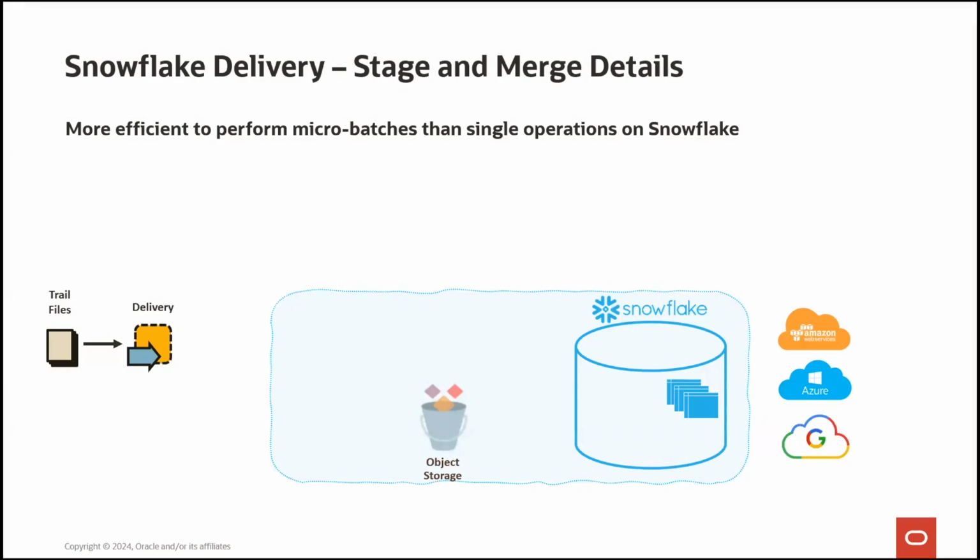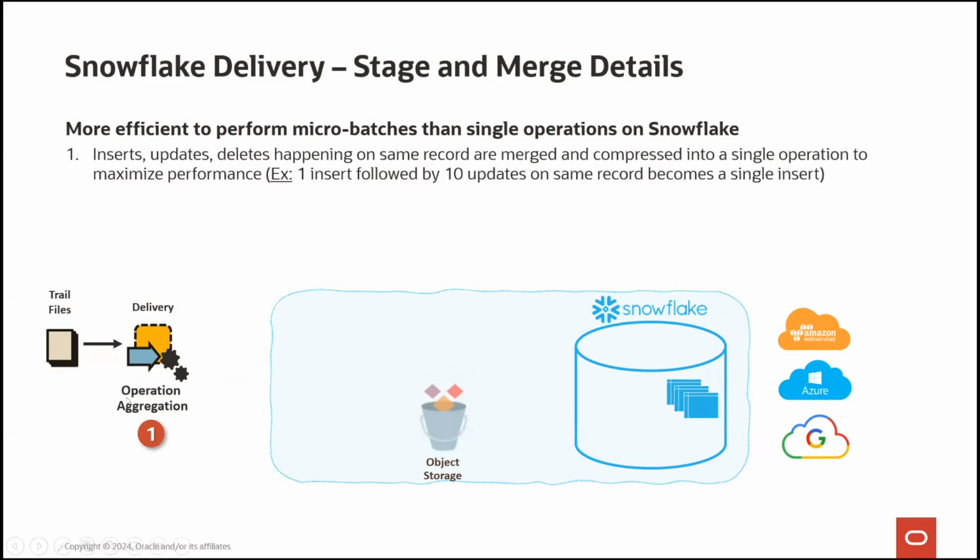So, as the big data deployment gets the trail file that's coming from the source deployment that captured the data, it's first going to do, in its Replicat process, the delivery process, an operational aggregation. What this does is analyze the data set that's coming in. And if there were operations that happened on the same records, like let's say I have an insert of record A followed by 5 updates of record A, we're not going to send 6 records into Snowflake.